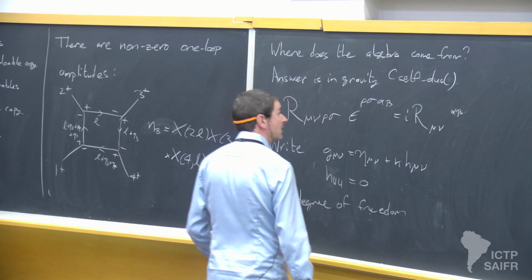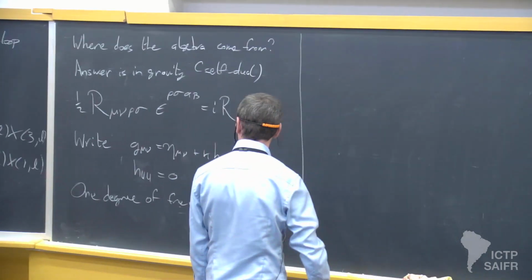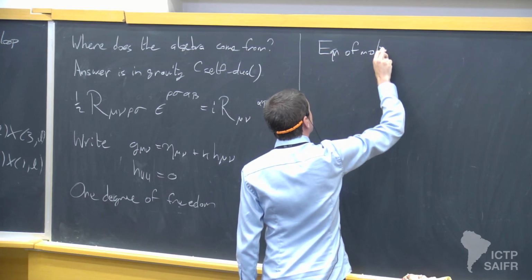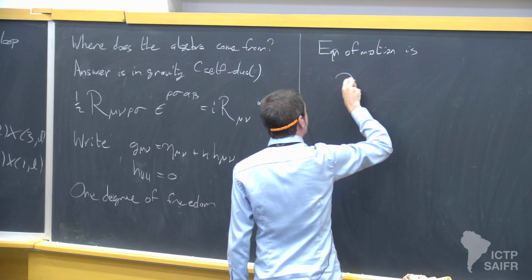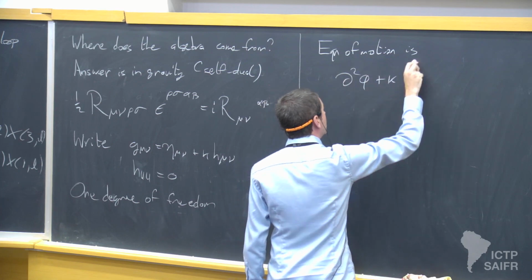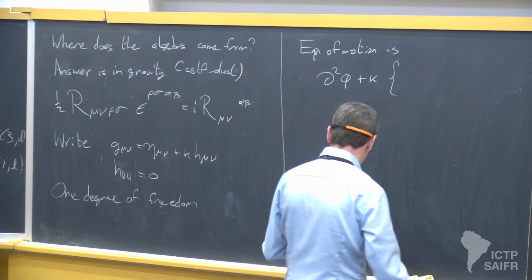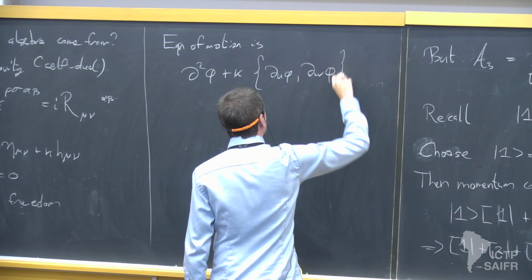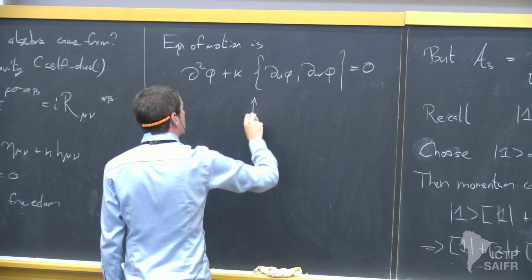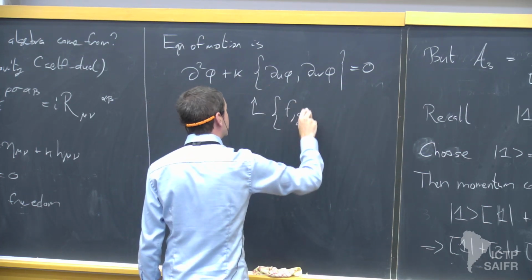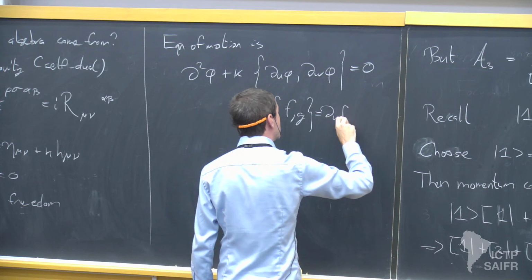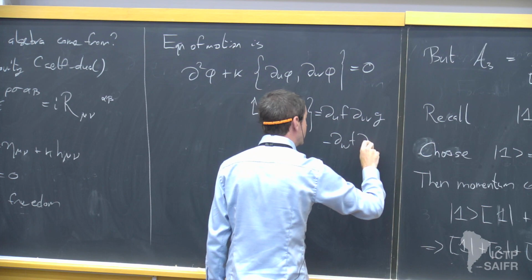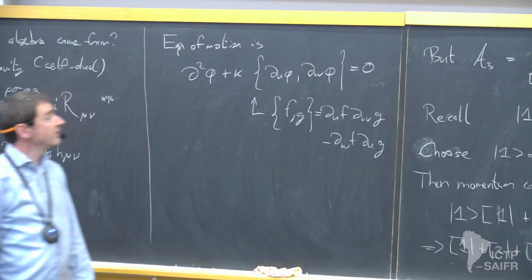And the equation of motion is known as the Plebanski equation: d squared phi plus kappa times a Poisson bracket, du phi, dw phi. So the Poisson bracket here is defined in terms of these u and w derivatives, minus dw f du g.